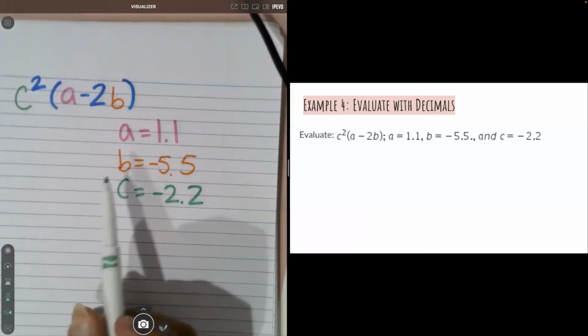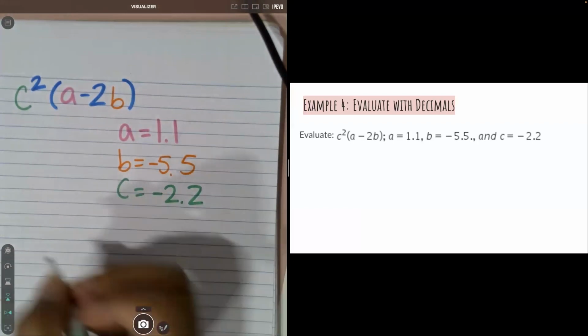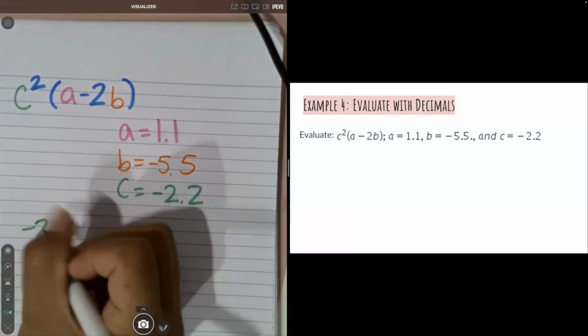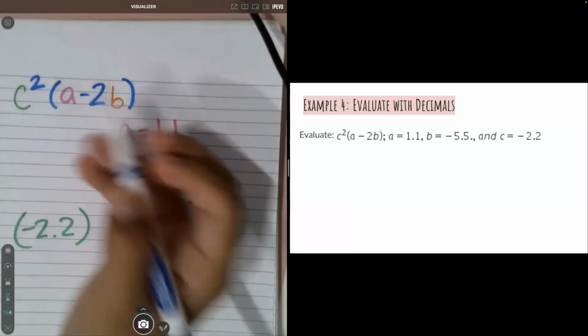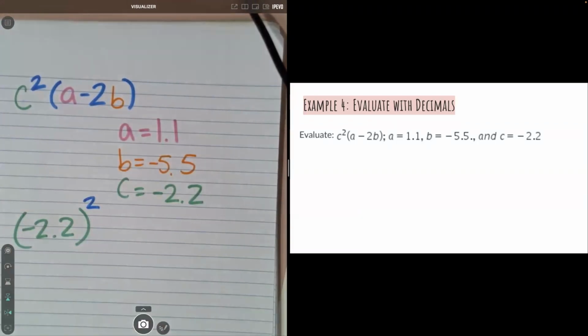So I'm going to rewrite this, and I'm going to plug in negative 2.2 where C is at the beginning. And we see that that C value is being squared, so I have to square the number that C represents.